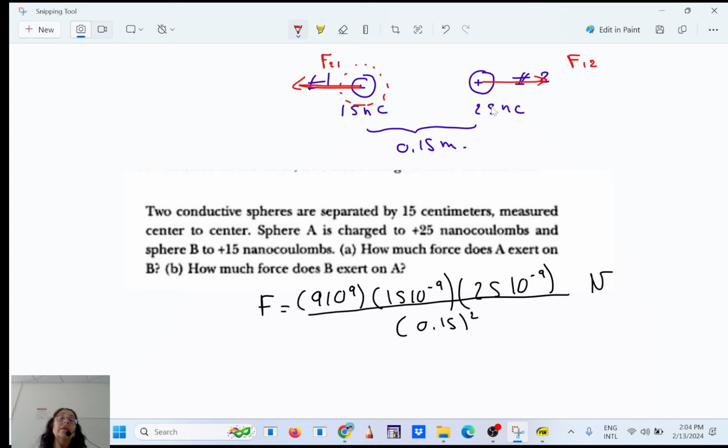Oh, this one has a larger charge, so sure enough, the force will be larger. No, the force is always the same because of Newton's third law. Forces come in pairs. For every action, you have an equal and opposite reaction. You cannot push harder than you are being pushed, and you cannot be pushed harder than you are pushing. It's the rule. Newton makes the rule.